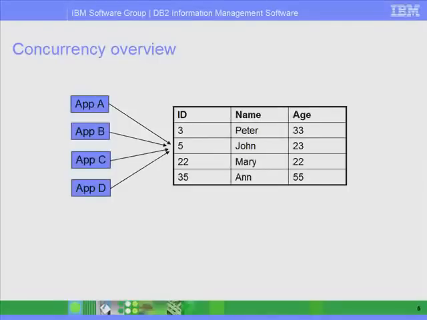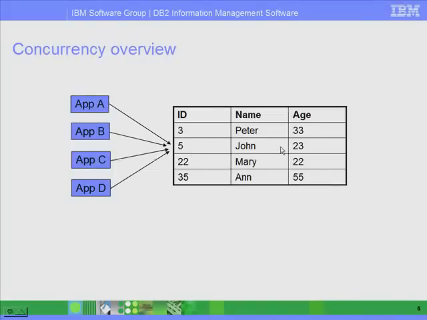Now, this is a brief introduction to concurrency. Let's say there are several applications, A, B, C, and D, trying to access the same row in the same table. If there's no control, all of these applications may be doing an update on this same row.